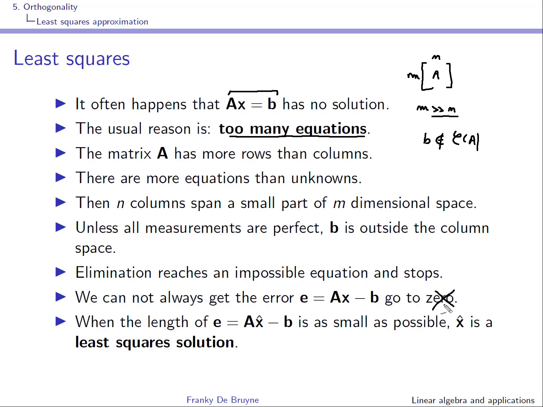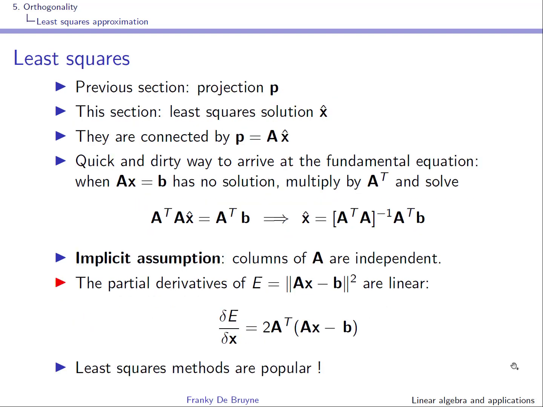As I've said before, there is no solution, but we would like to find the best approximate solution. So we would like E, the error A x hat minus B, to be as small as possible, and this is where projection comes into play. And this x hat that we've introduced before is the least squares solution.